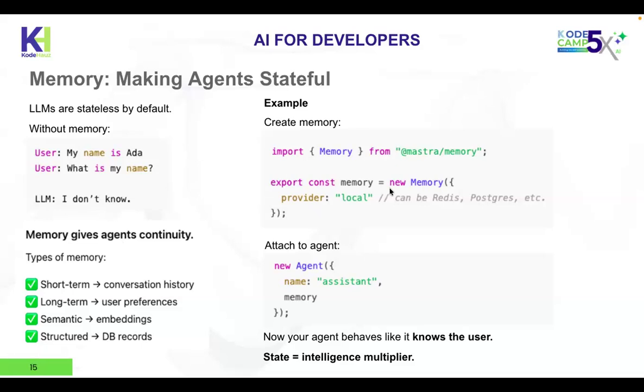So when you create memory, you can then attach it to an agent. When you create an agent, just like we create a tool and attach it, you can create memory and attach it, right? Once you attach memory to an agent, the agent will use it to persist whatever interactions you have had, the conversation history and all of that. If you choose short-term memory, it means that the next time you create that agent, it will not have that memory again.